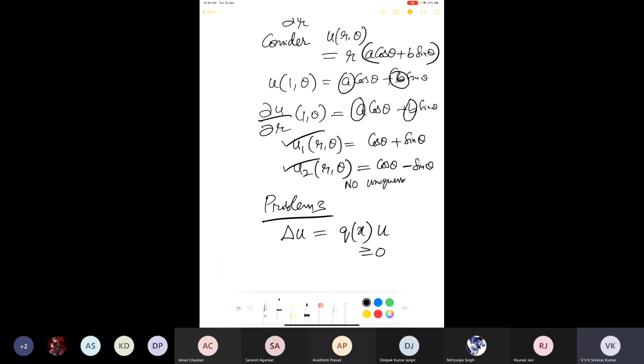We are asked to establish uniqueness theorems for the Dirichlet problem as well as the Neumann problem.